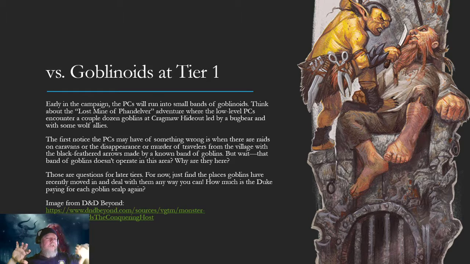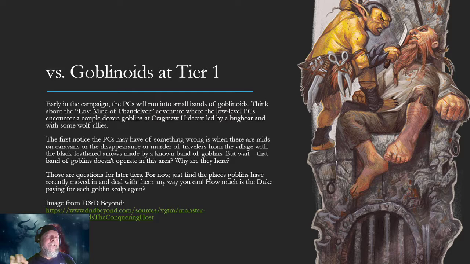All right, so when we think of Frontier Town, what kind of town are we thinking of? We think about Lost Mine of Phandelver. We think about the village of Hamlet in the Wayback Machine, out on the edges of civilized lands.